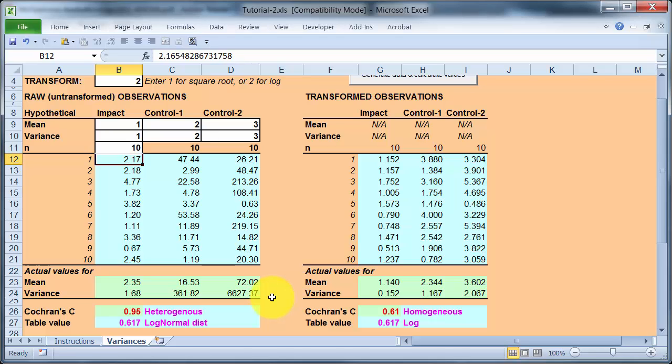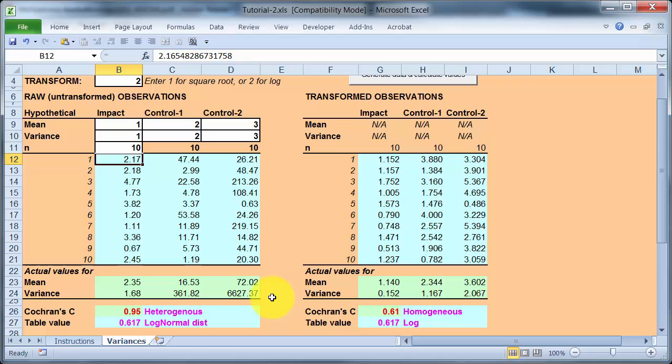The Cochran's value calculated is 0.95. That's nearly the maximum value, which is 1. And the table value is 0.617, so calculated greatly exceeding table, the variances of the groups are not the same, which is pretty obvious from looking at the numbers.